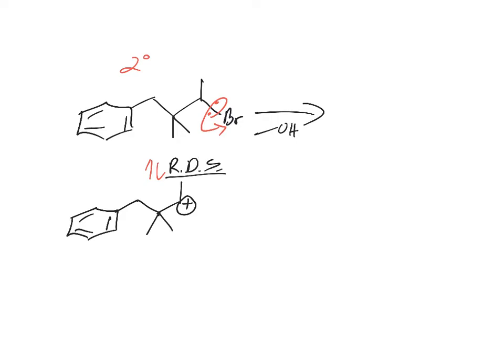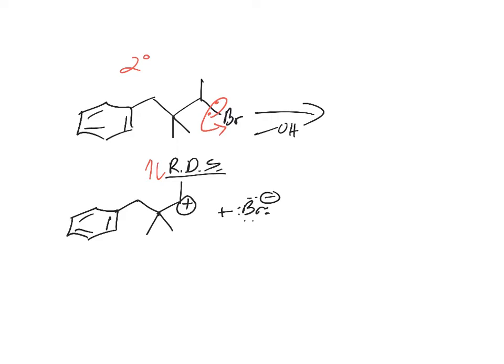Awesome. Balance my charge. Br minus. If I make a carbocation, what do I need to immediately think about? I need to think about those beta things, sigma bonds 2 bonds away, and I need to think about rearrangements. I'm only going to do a rearrangement if I form a more stable carbocation.